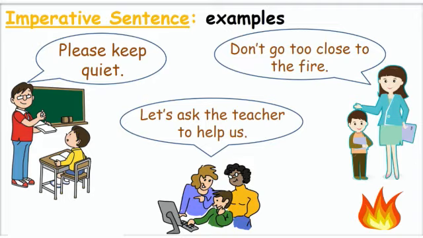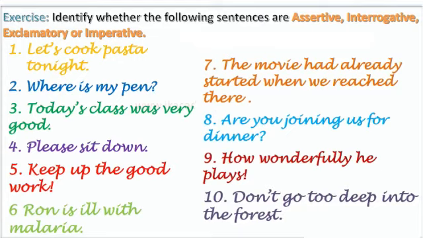Now examples. Please keep quiet. This is a request from the teacher to the student. Don't go too close to the fire. Mother advises the son not to go close to the fire. Let's ask the teacher to help us. This is a request.